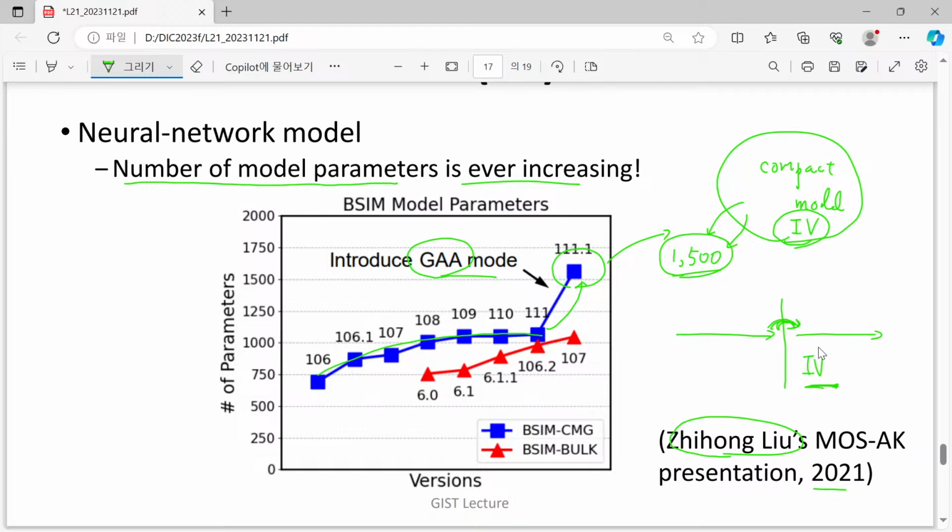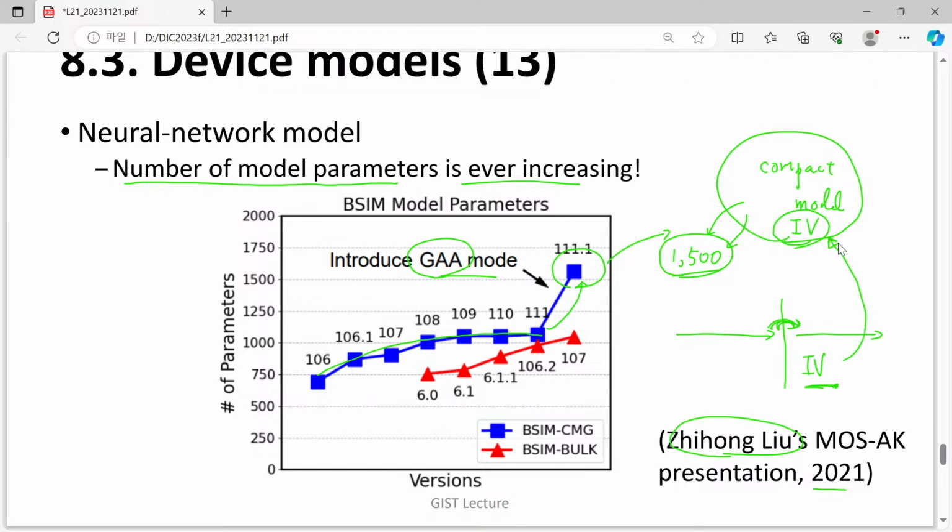Then the compact model group inside the fab foundry service should perform a lot of readjustment of these parameters. So it will be quite painful and not that reliable.